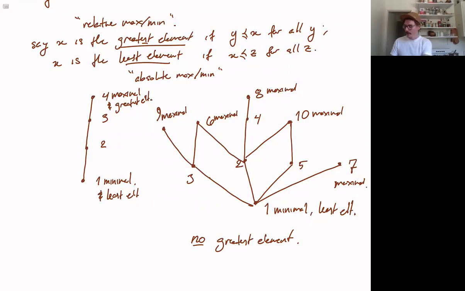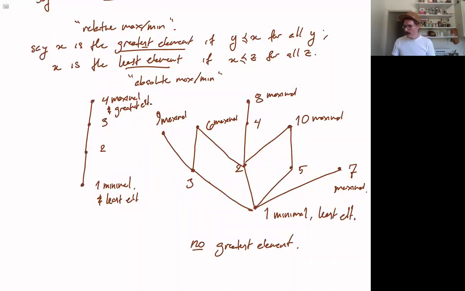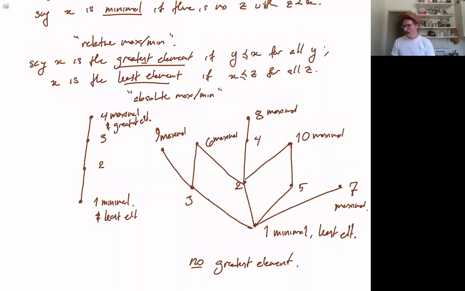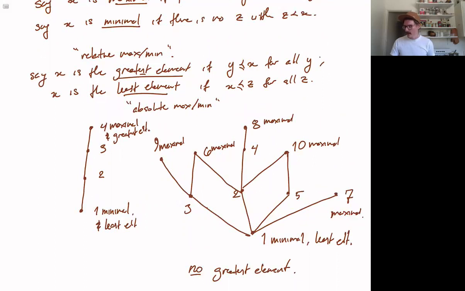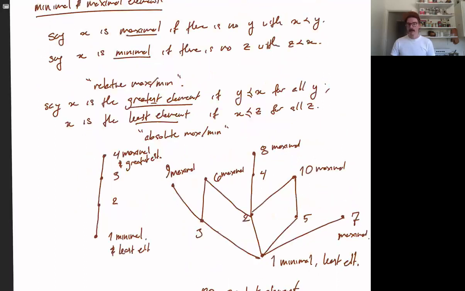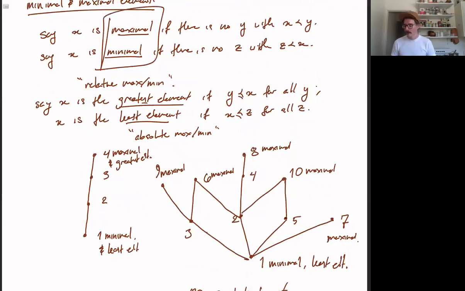So in general, all of these things can exist in all of these combinations. Greatest and least elements might exist or they might not. Maximal and minimal elements might exist and they might not. One thing you can say, which is maybe a good practice problem, is that maximal and minimal elements can come in any quantity, but greatest and least elements are unique if they exist.